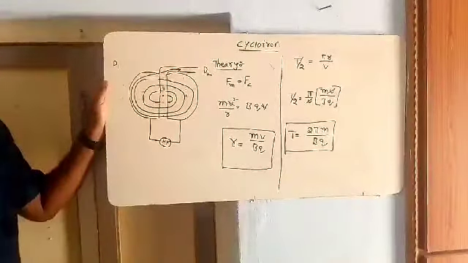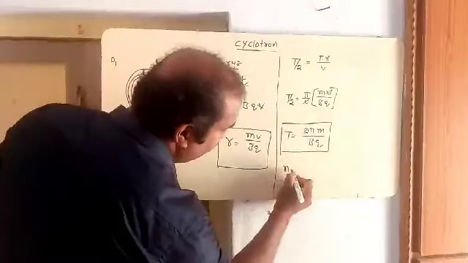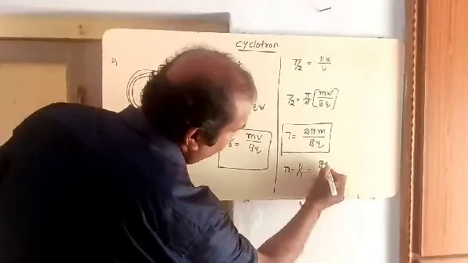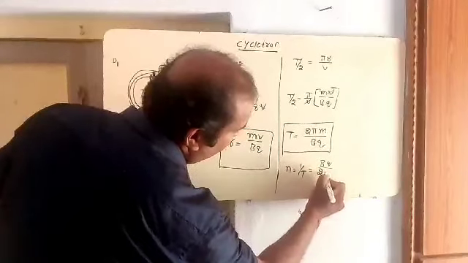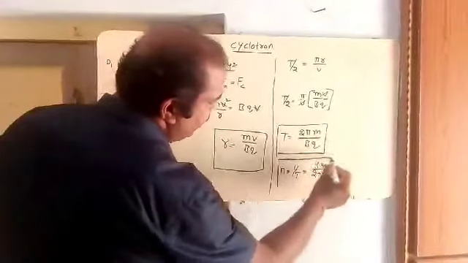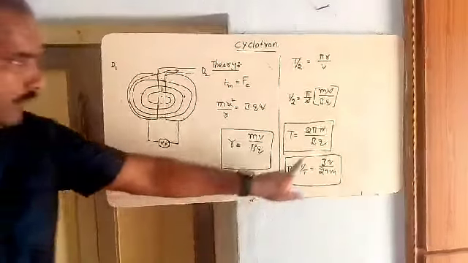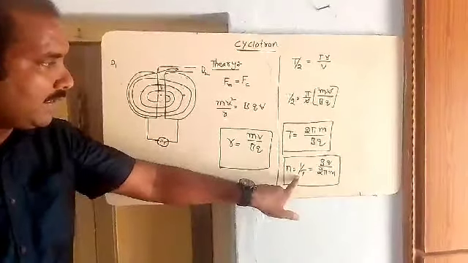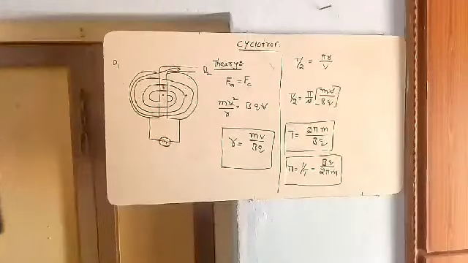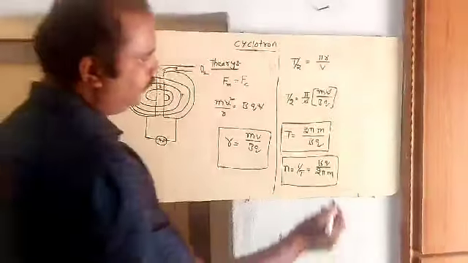This is the time taken, and its frequency n is equal to 1 by T, that is equal to bq by 2 pi m, and this is the constant frequency. This frequency is also called the resonant frequency of cyclotron. And from this one we can find the kinetic energy also.